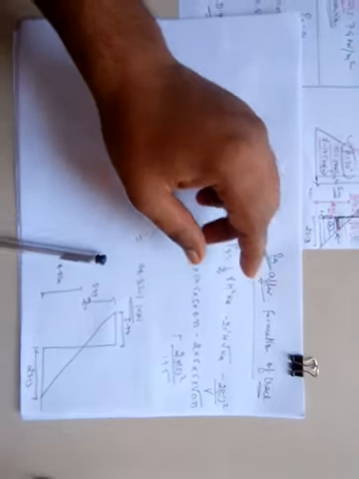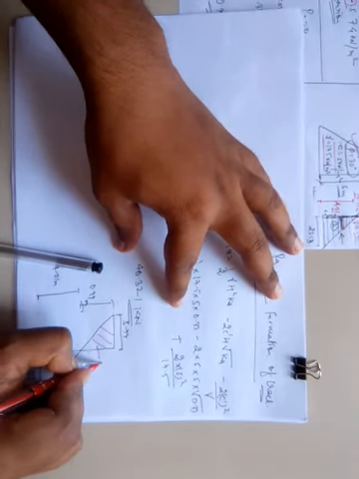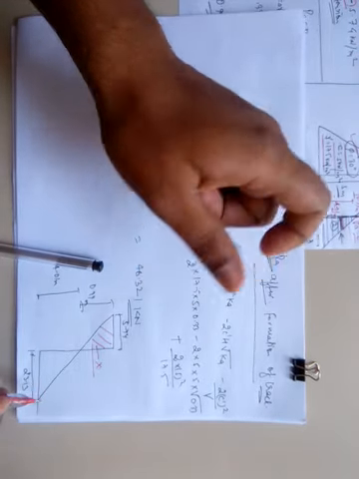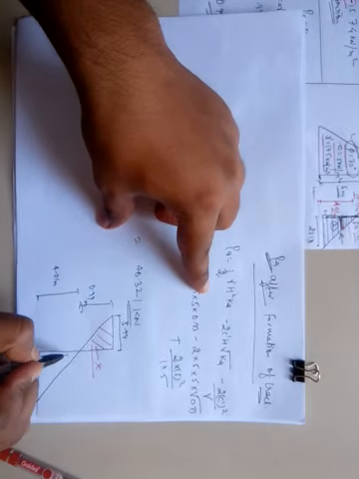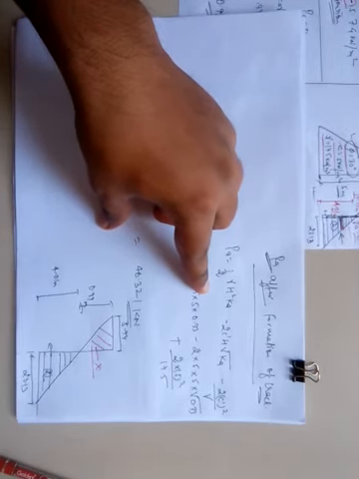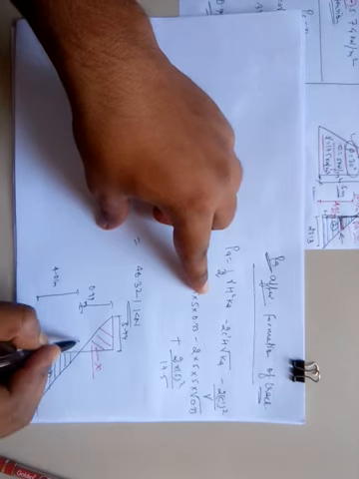So after tensile crack, we will not have to consider this zone, because after tensile crack only zone 2 will exert pressure on this wall.